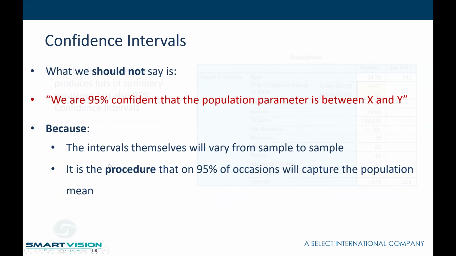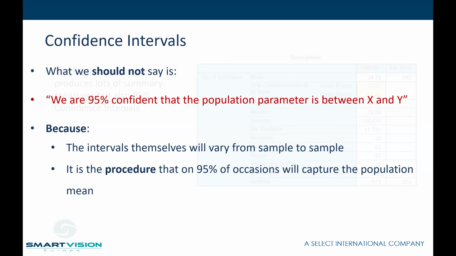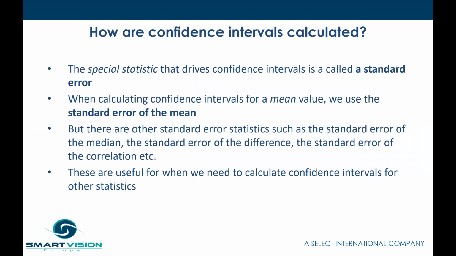But the intervals themselves will vary from sample to sample. It's the procedure that on 95% of occasions will capture the population mean. So just be careful about that. We're actually saying that the intervals are broad enough that on 95% of occasions these intervals, or intervals like this, will capture the mean.